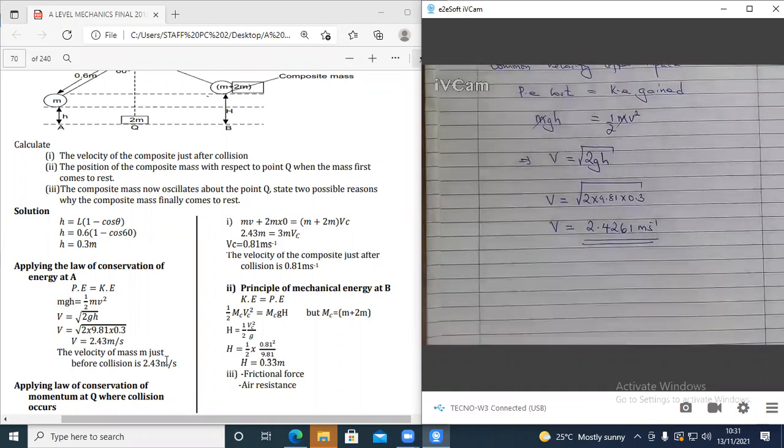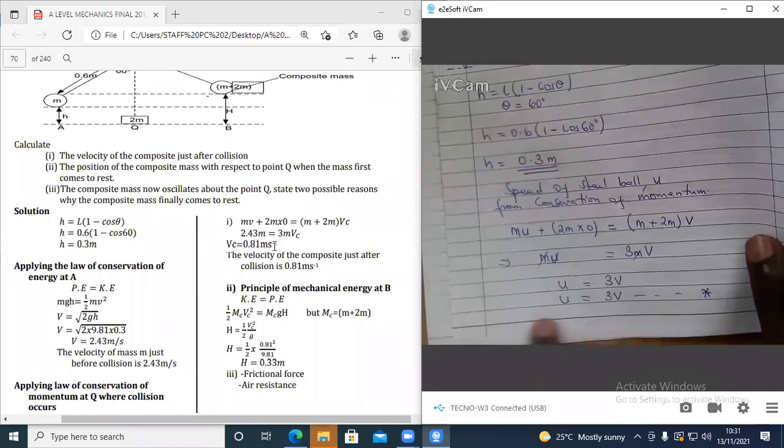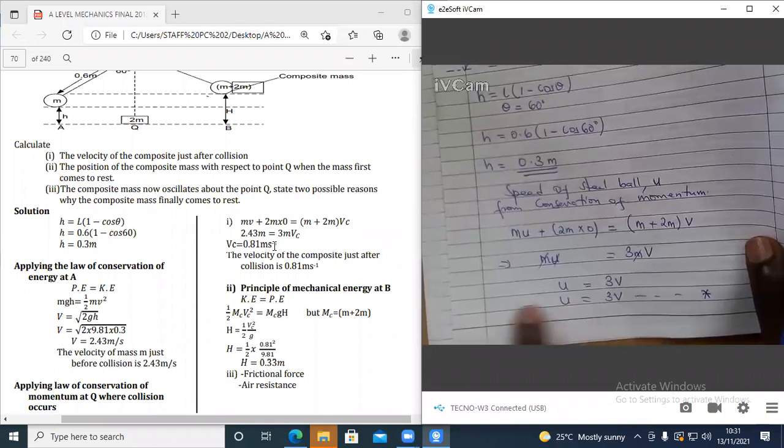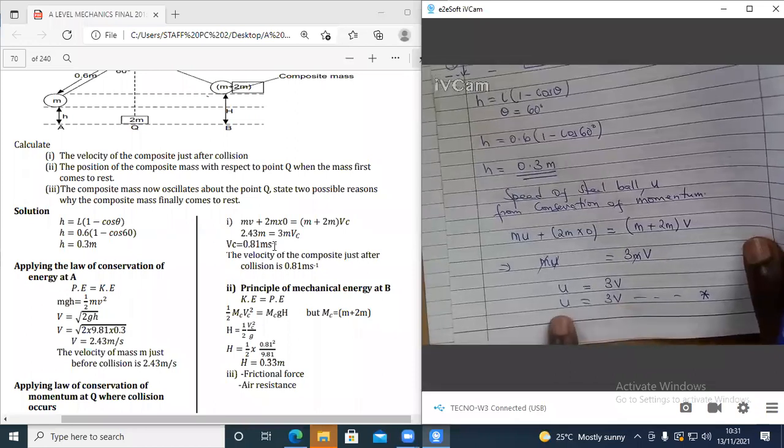This is before collision, but they want us to find the velocity of the whole system. When we look at this one, it's from here: u is equal to 3v.